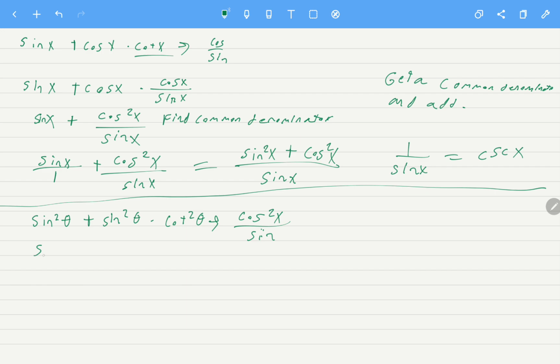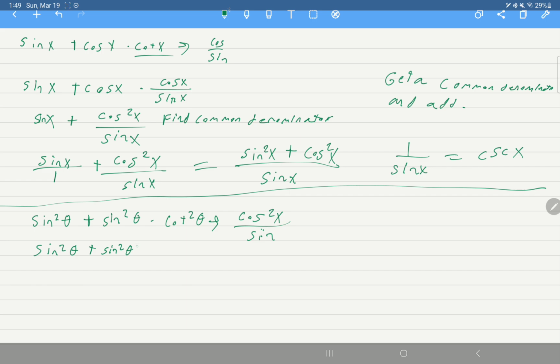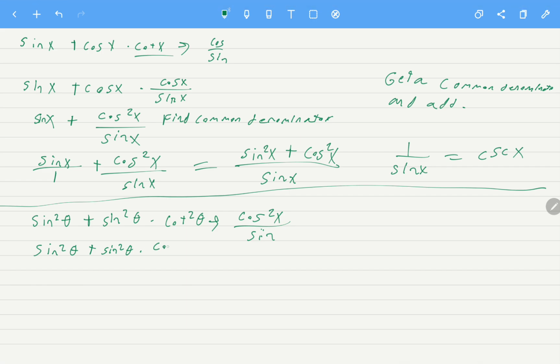And then now you have stuff in terms of sine and cosine. So sine squared theta plus sine squared theta times cosine squared theta over sine squared theta.